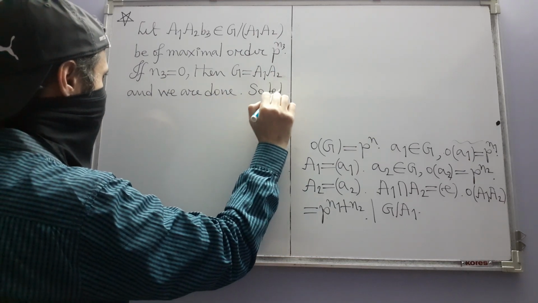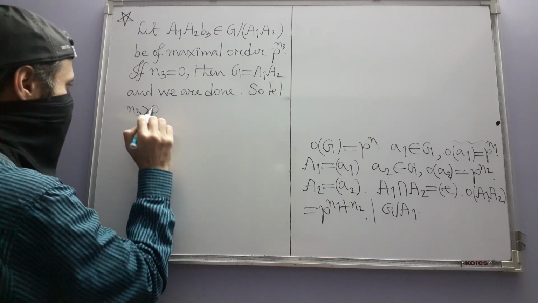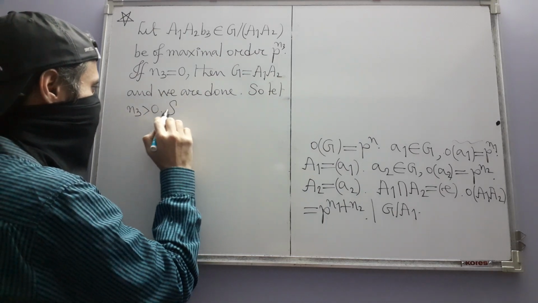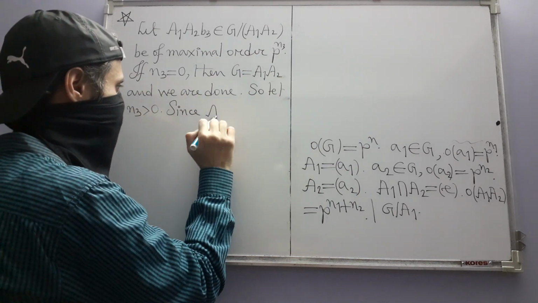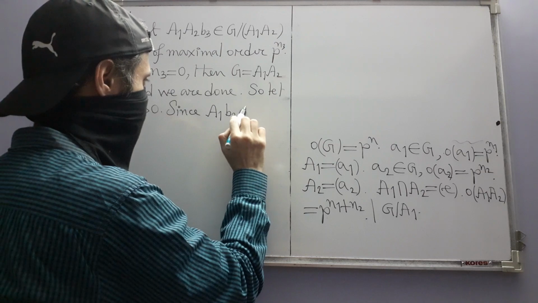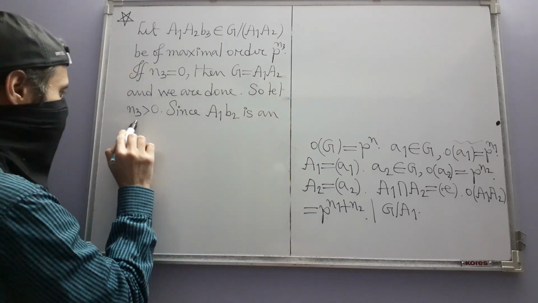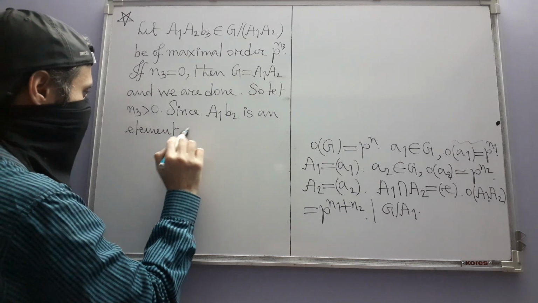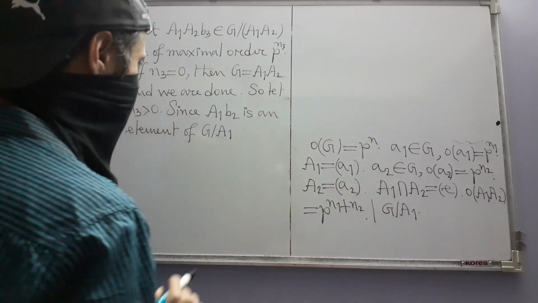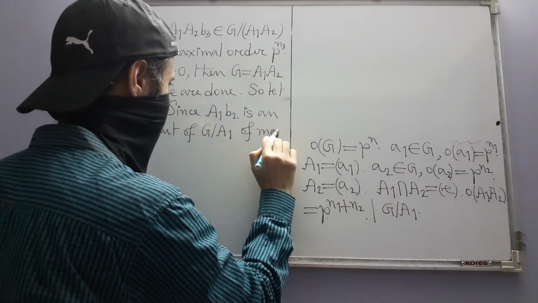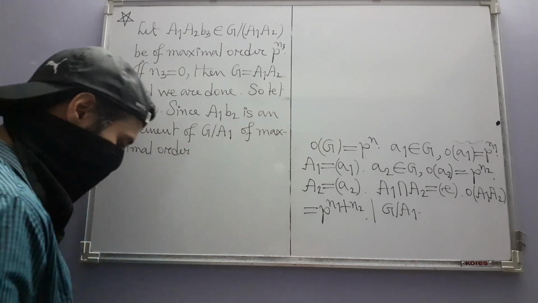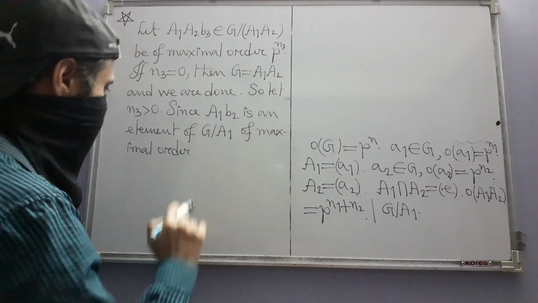So, let n3 be positive. Now let's recall from the previous step that this is an element of G slash A1 of maximal order, I think it was p to the power n2, yes.